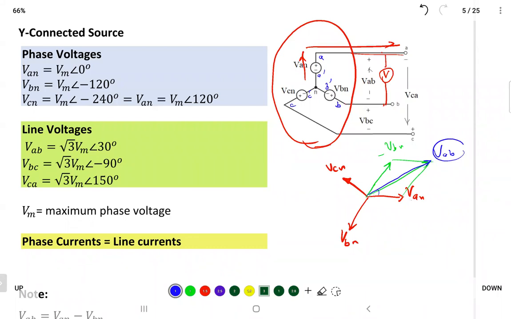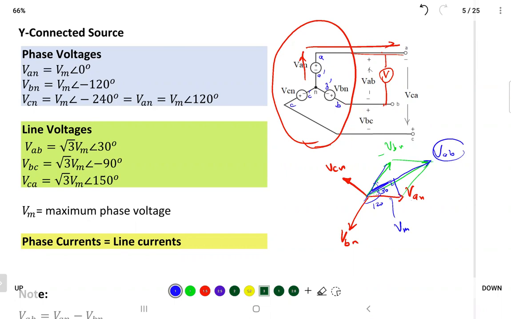What is the angle? If we have this 120 degrees, and this straight line, we'll make 60, and both angles are equal, so that will be 30 degrees. With 30 degrees and simple trigonometry, the magnitude is the maximum voltage Vm. In this triangle, you have 30 degrees, so this one will be equal to Vm cosine 30.